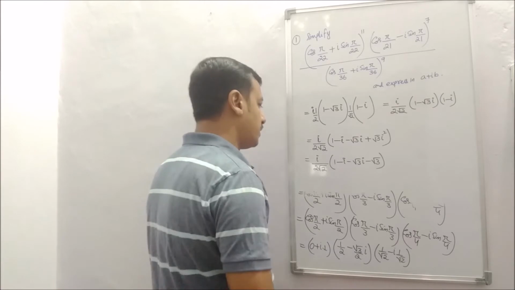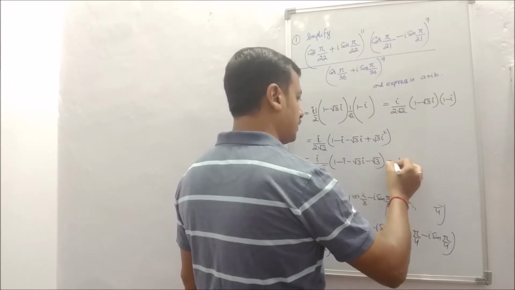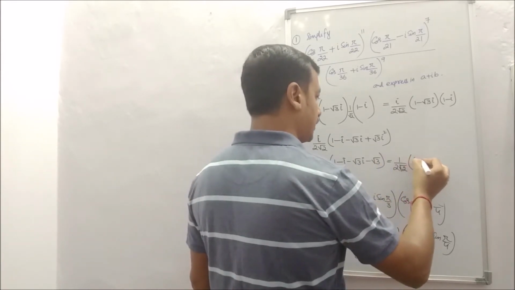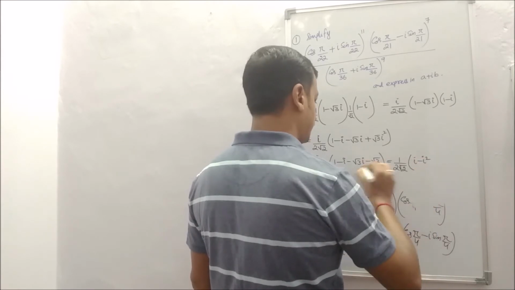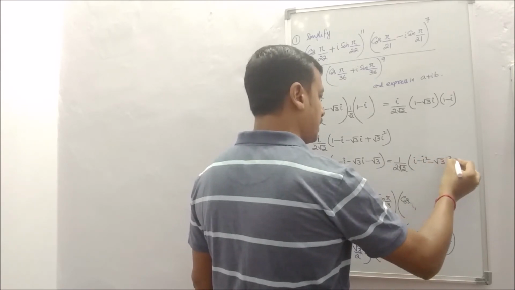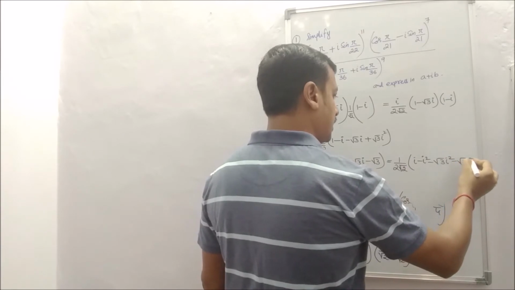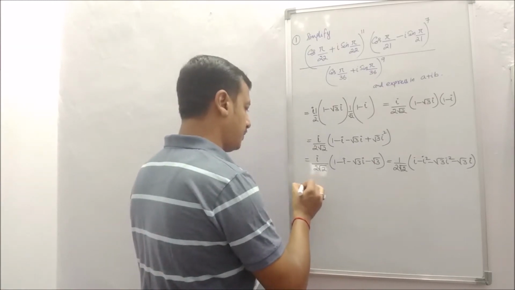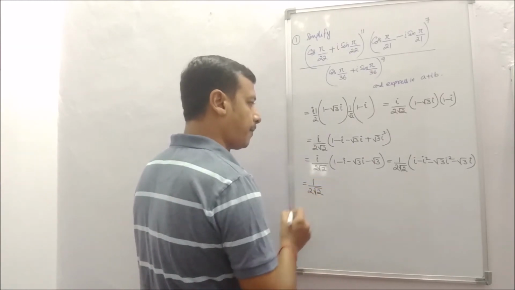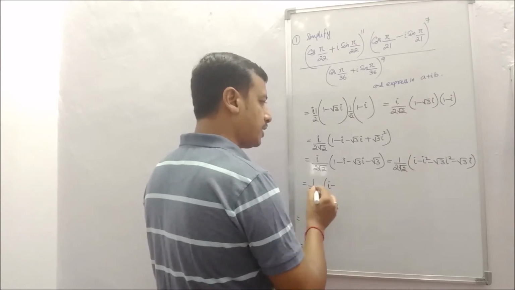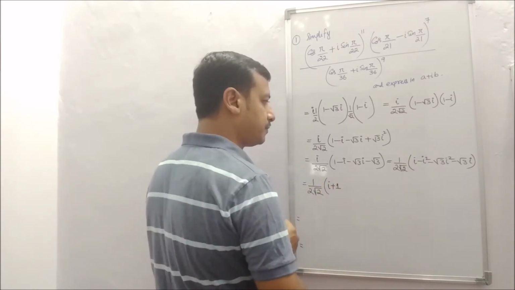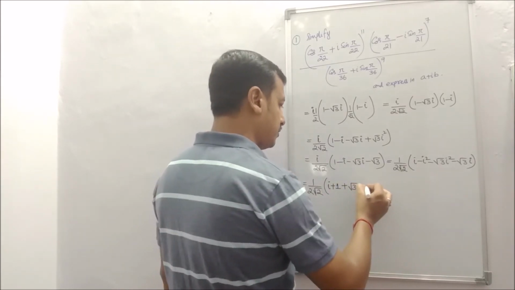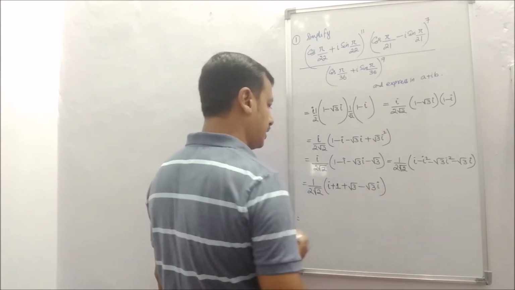Now next is to multiply with i. So it is 1/(2√2) times (i − i² − i²√3 − i√3). Since i² is equal to −1, minus minus gives plus 1, and again plus √3, minus i√3.